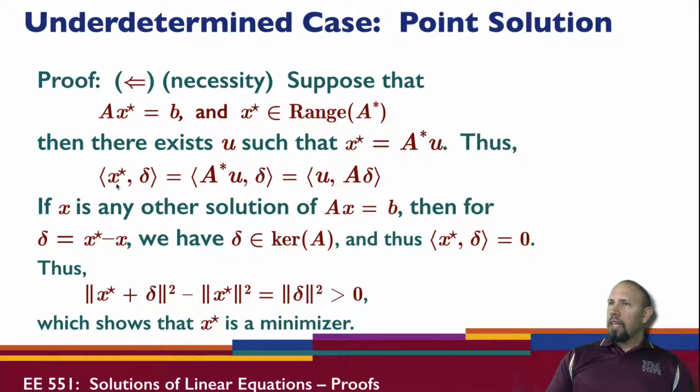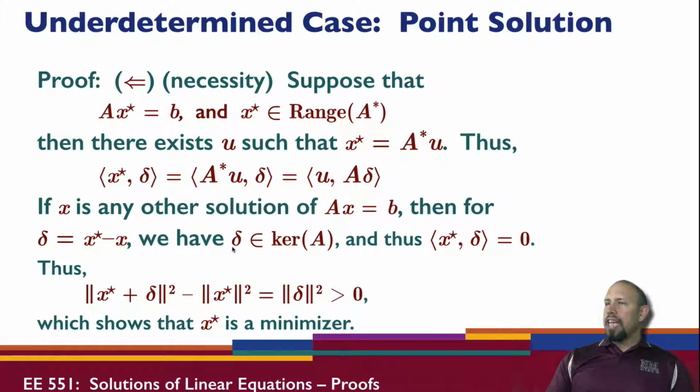Therefore, the inner product of x star and delta, for any delta, where x star is A adjoint u, is equal to the inner product of u and A delta. So this is for any delta. If x is any other solution of this equation, Ax equals b, then we set delta equal to the difference between x star and x.